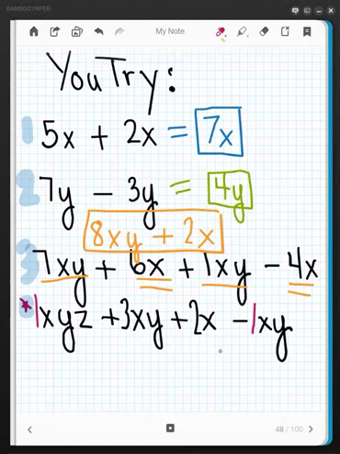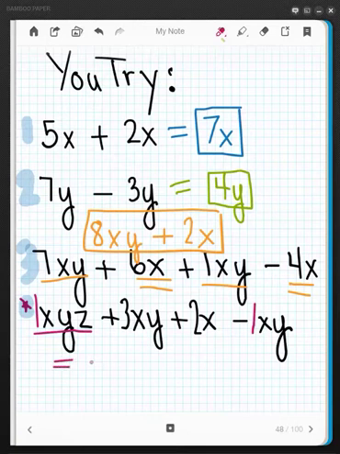Now these can be also a little bit tricky as well because I've got parts that are the same, right? I have XYZ and this is XY. Well, the XY is in here, but these are not the same types of terms. Just like this X is in here, but these are not the same kind of terms.